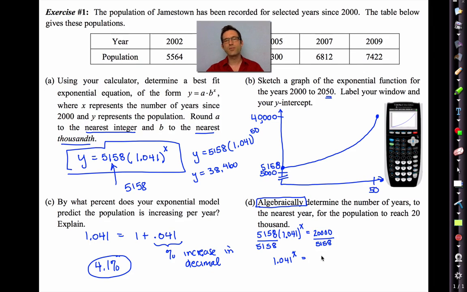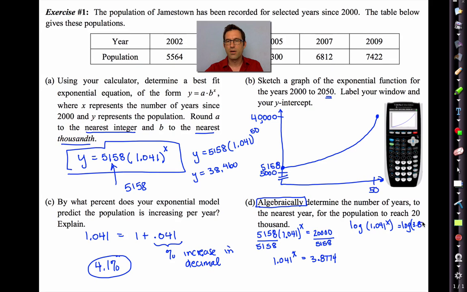This is a time when sometimes I'll leave it as a fraction, sometimes I'll make it into a decimal. I found it easier in this problem to change it into kind of an obnoxious decimal, but whatever. Now, remember, to solve an exponential equation, I really only had two choices. I had logarithms and I had the method of common bases, but that's not going to work very well right now. So I'm going to take the log of both sides.